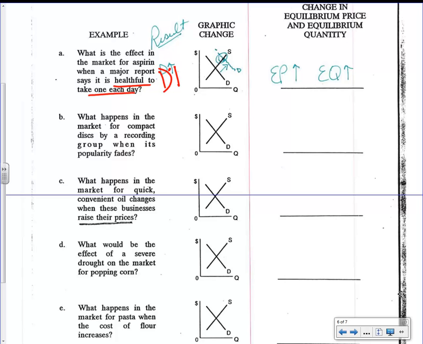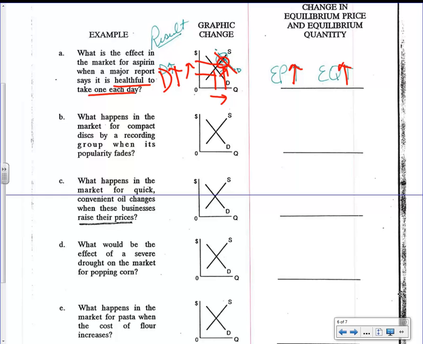That's going to increase the demand for aspirin. So we take the demand and we shift it to the right. That means we have a new equilibrium price and a new equilibrium quantity. So equilibrium price is higher, equilibrium quantity is higher.